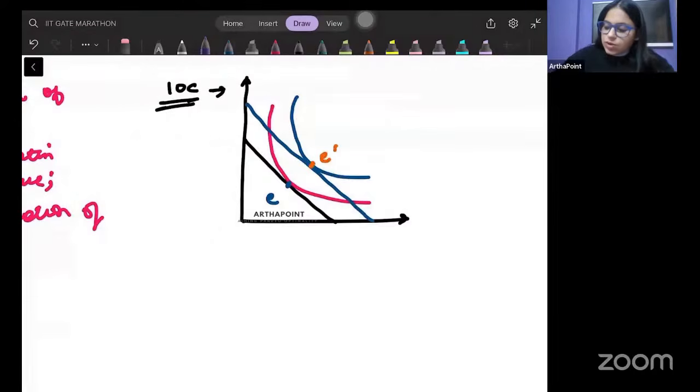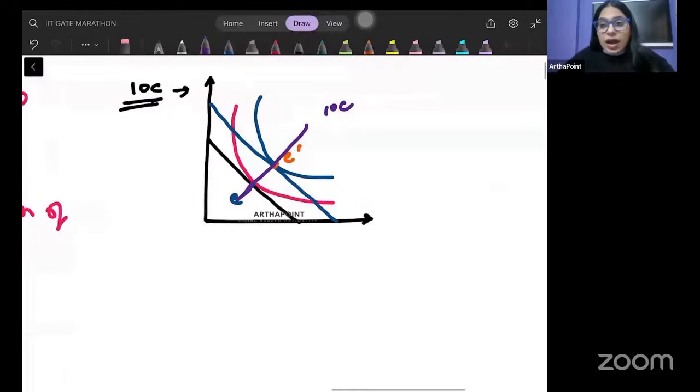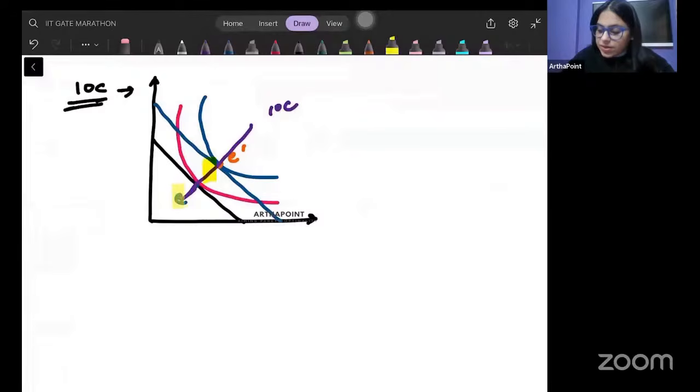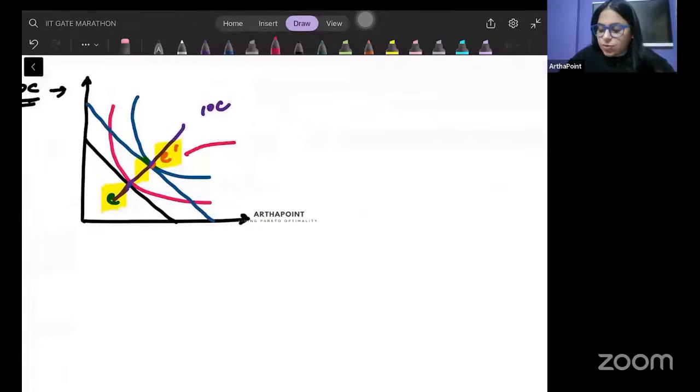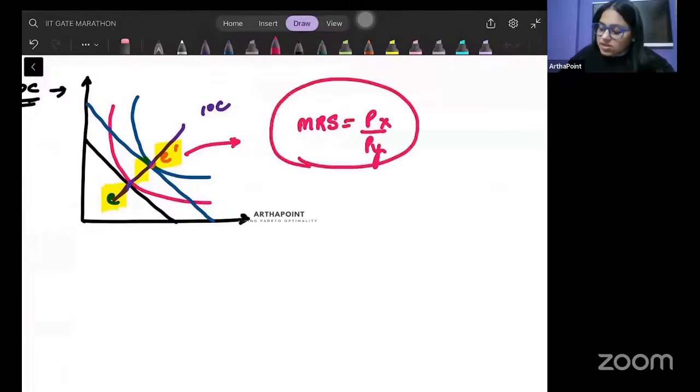Joining these equilibrium points, I will get my income offer curve. This equilibrium point is where my MRS is equal to PX by PY. So I am joining the locus of all these tangent points, and that gives me my income offer curve.